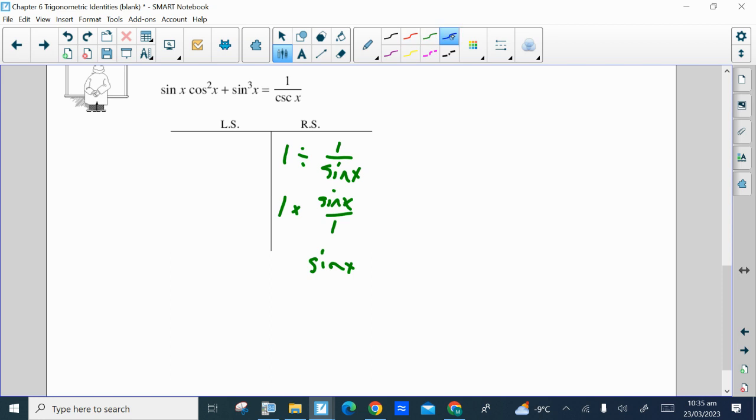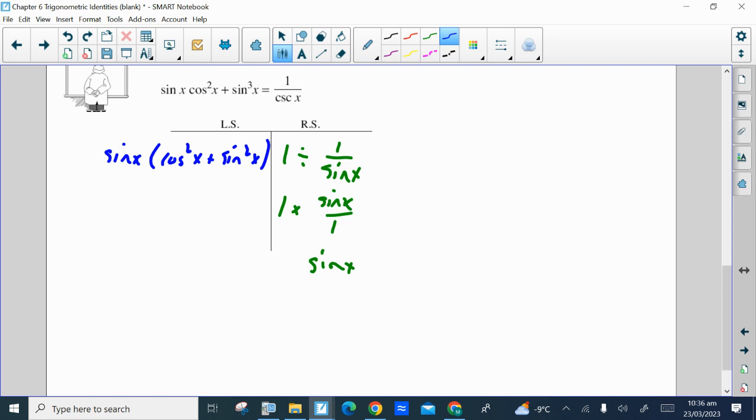So we need to get sine x on the left side as well. If we look at the left side, you'll notice there is a term with sine x and cos squared x and a term with sine cubed x. As soon as you see powers higher than 2, you're normally going to have to factor, which in this case, we can take out a common factor of sine x on the left. That gives us cos squared x plus sine squared x inside the bracket.